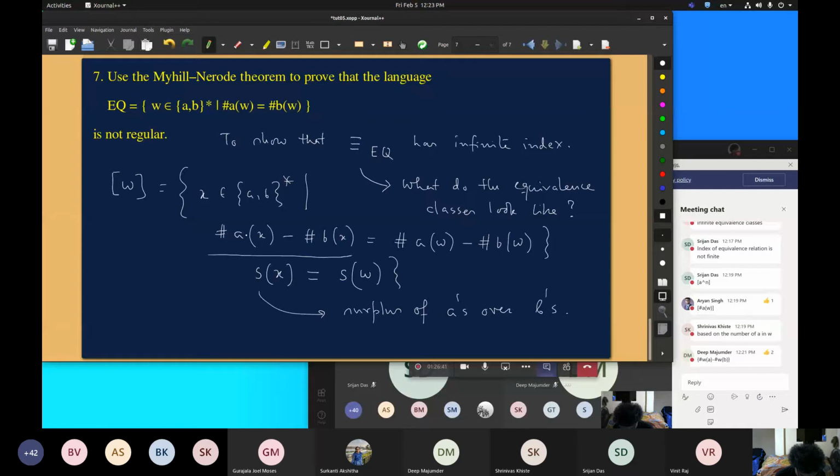Okay, so this is the surplus function. Number of A's read in X minus number of B's. Surplus of A's over B's. This may be a positive value, negative value, or 0. But why is the equivalence class like this?